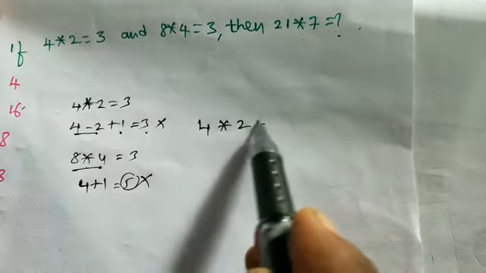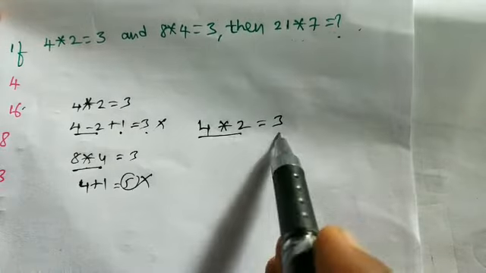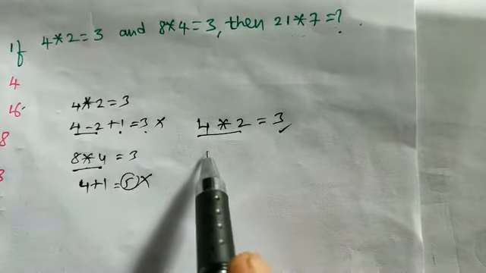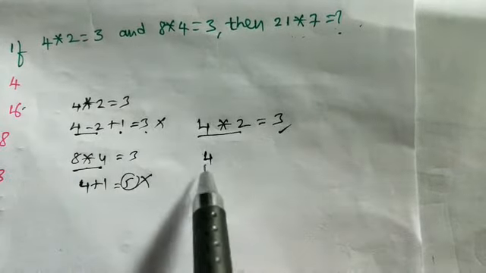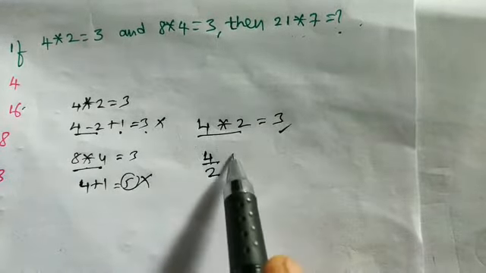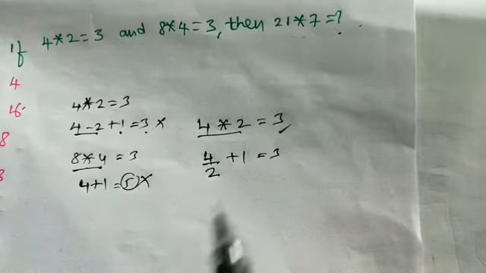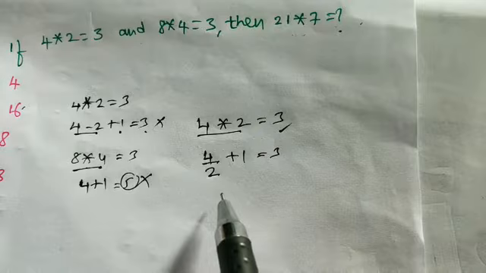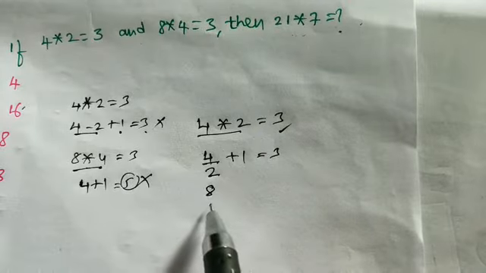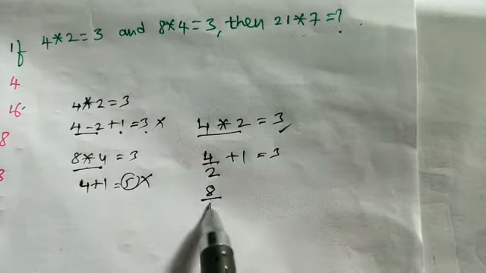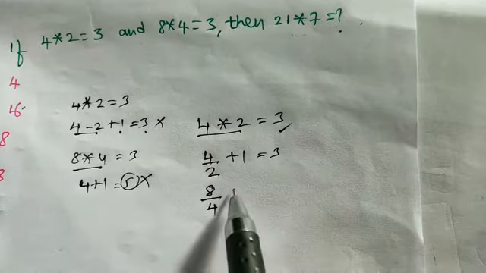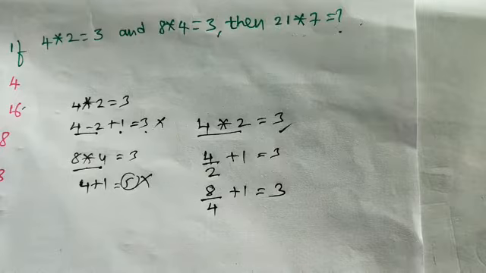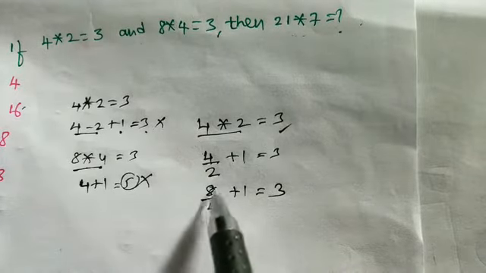4 star 2, with the help of this we have to get 3. See, students, here what we can do, if you divide 4 by 2 plus 1, we are getting 3. Is it or not? In this same way, we see here 8 divided by 4 plus 1, we are getting 3.